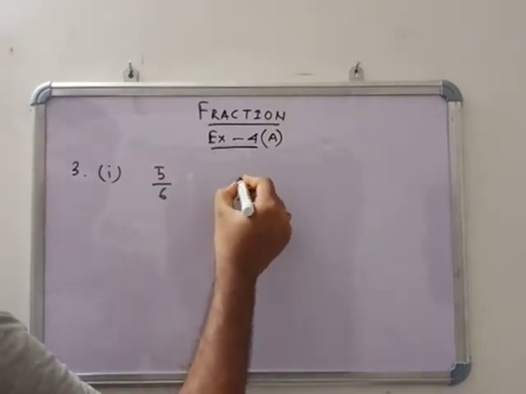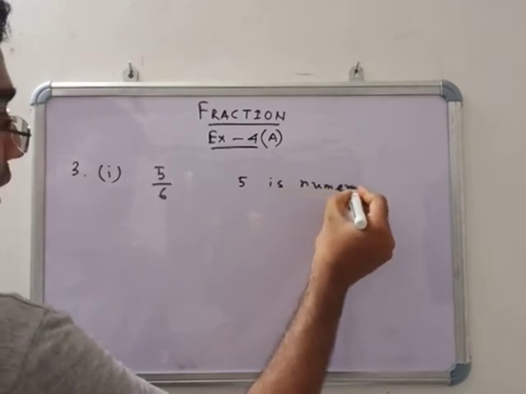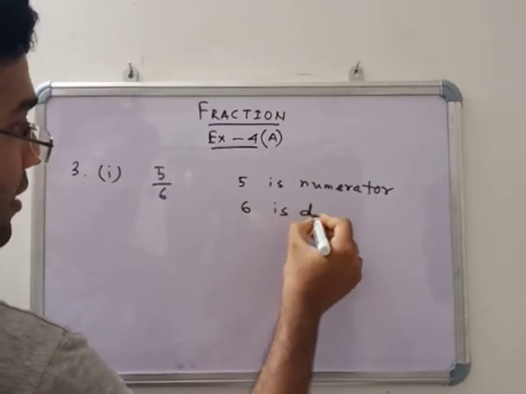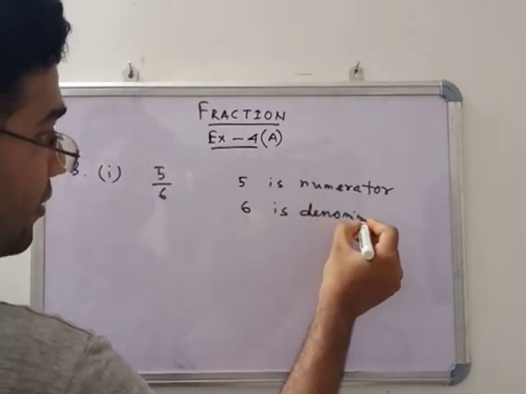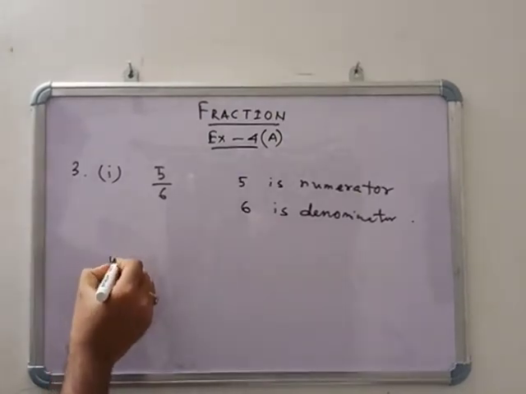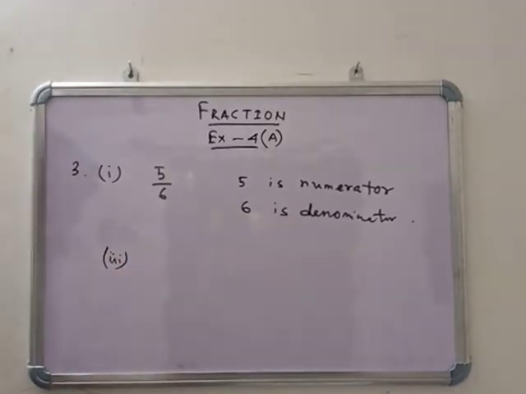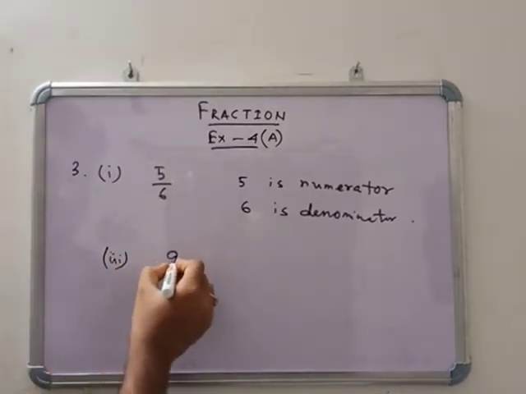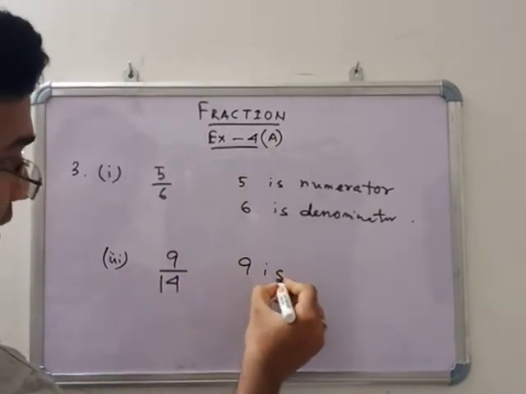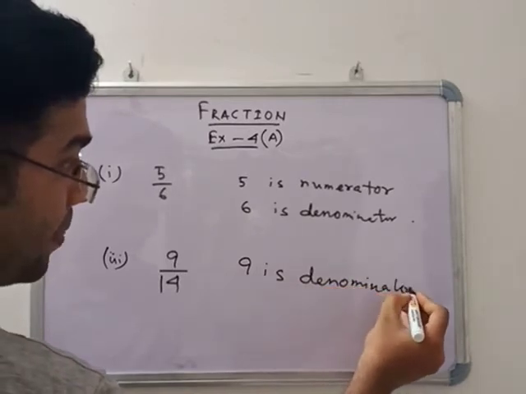You have to write 5 is the numerator and 6 is the denominator. Similarly, all the others are the same, so I am doing just number 3 only. This is 9 by 14. So 9 is the numerator and 14 is the denominator.